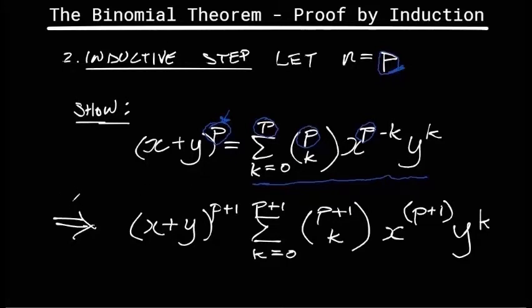Our goal is to show that that assumption implies that the theorem will also then be true for the number following p. You'll see here that where we had p up at the top, we've replaced everything with p plus 1.